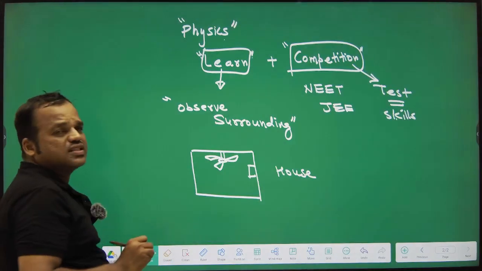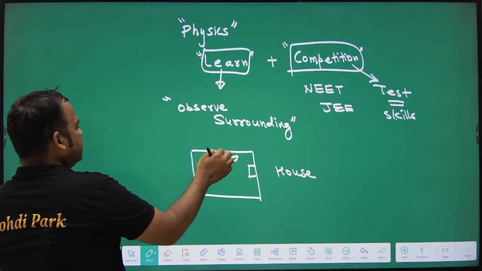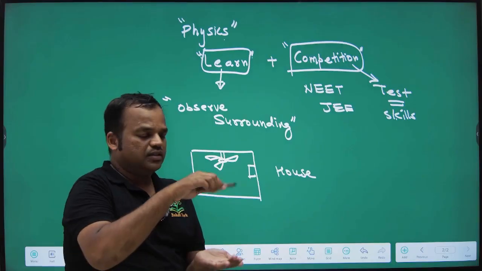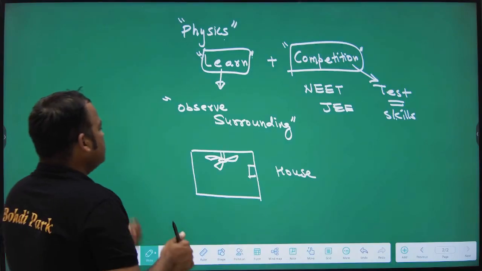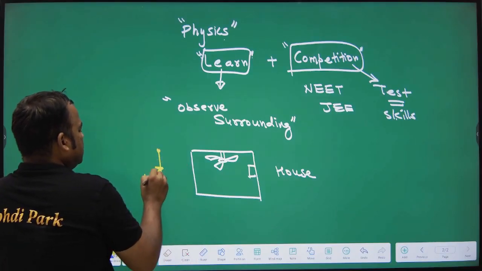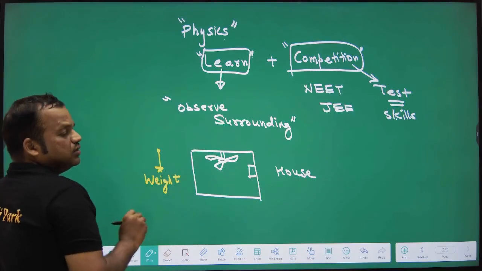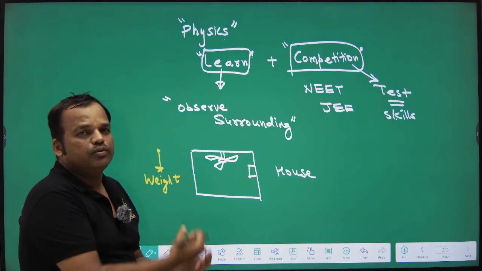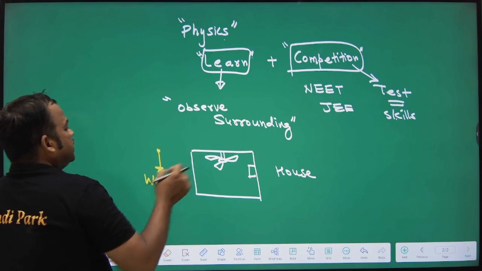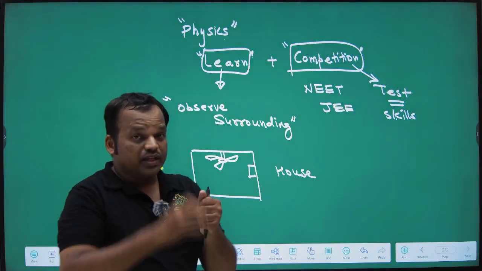What type of physics is there? You can think, why is this fan not falling? Then you can start thinking like this: the weight is pulling it down. The force of weight is pulling it down. Because of this gravitational pull from Earth, the ceiling fan should fall, but it is not falling. So something is stopping it from falling.